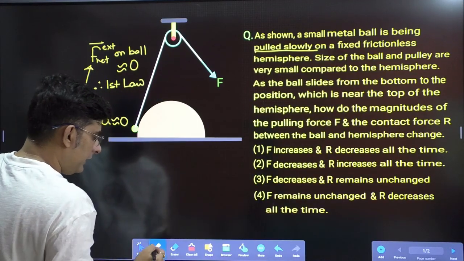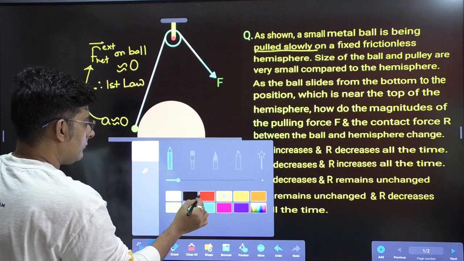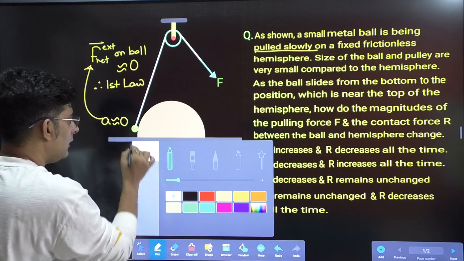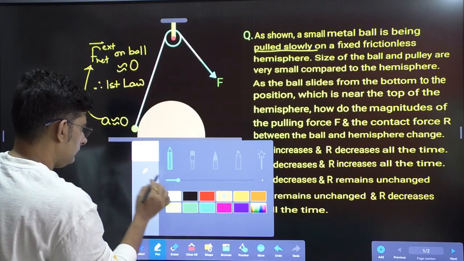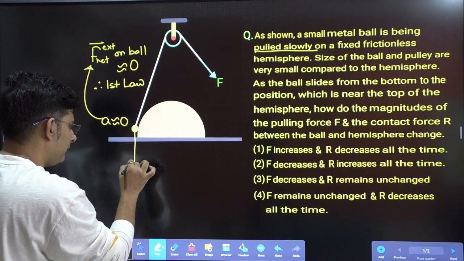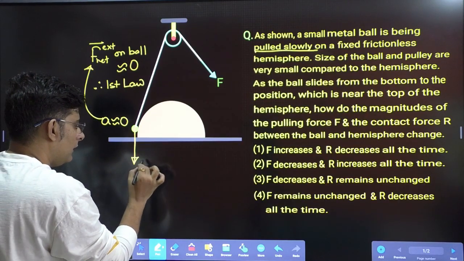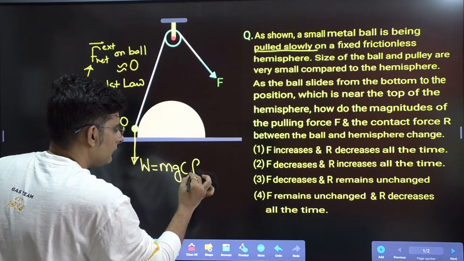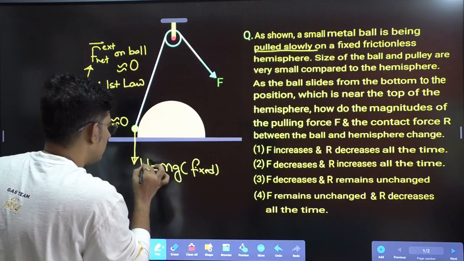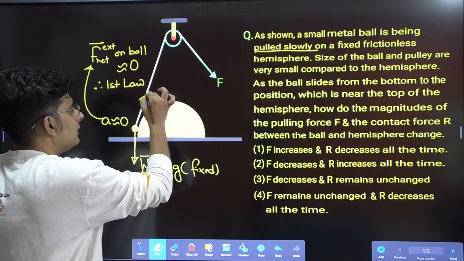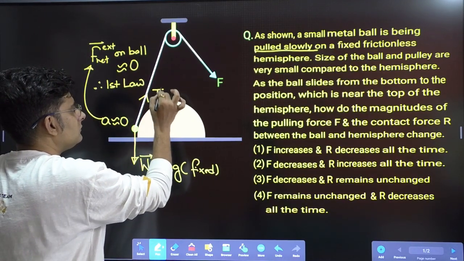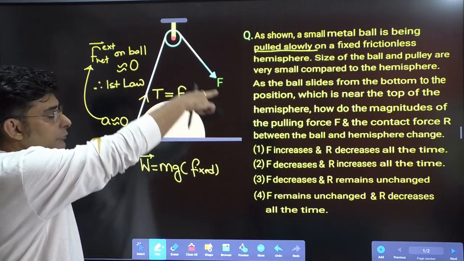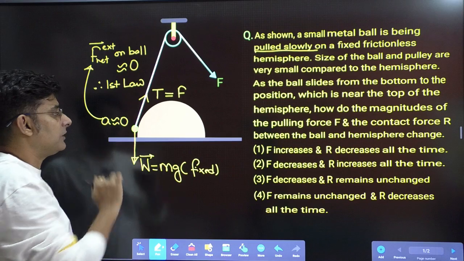And if you see in total how many forces will be acting over here, there will be 3 forces. Why am I saying 3 forces? One will be the weight mg, which is a fixed, constant force. One will be the tension. Now tension will be equal to F, because whatever force is directly applied on the cord or string becomes the tension.